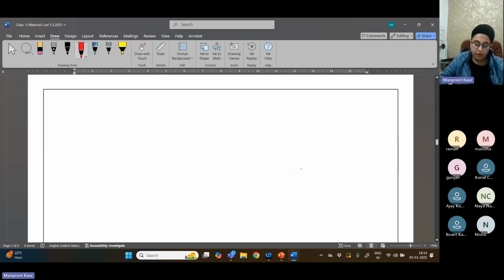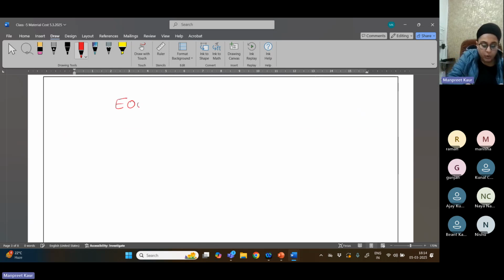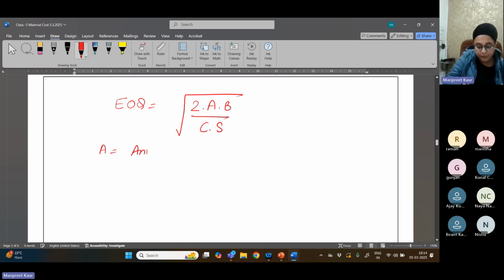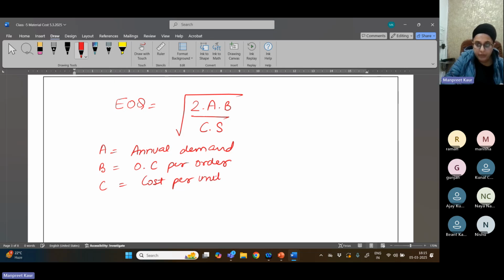So the formula for EOQ is the square root of 2AB upon CS, where A is equal to annual demand, B is equal to ordering cost per order, C is equal to cost per unit, S is equal to storage or carrying cost as percentage of average inventory.